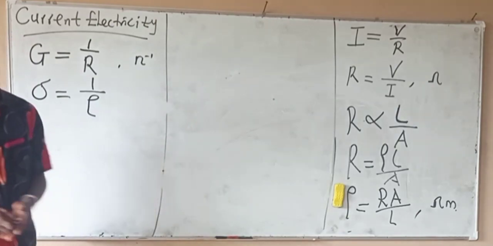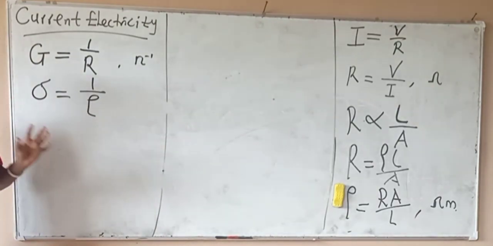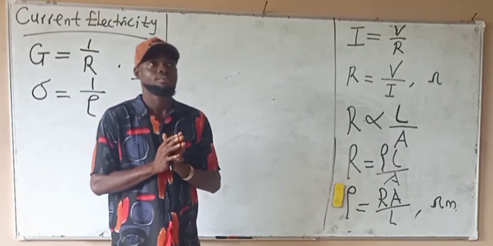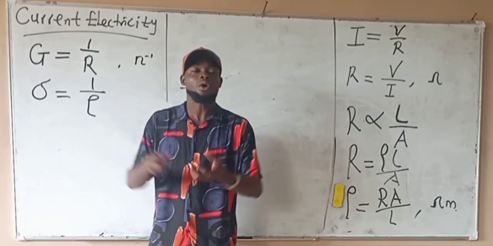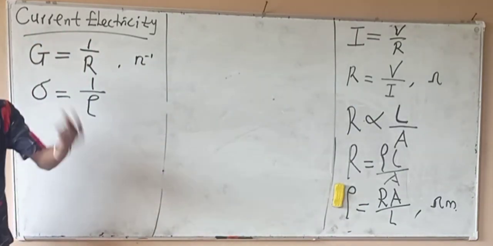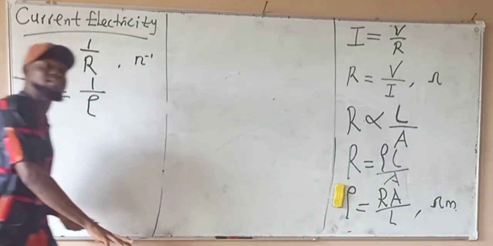But we know that work, or energy, work is the product of force and the distance moved in the direction of the force, while energy is the ability to do work.